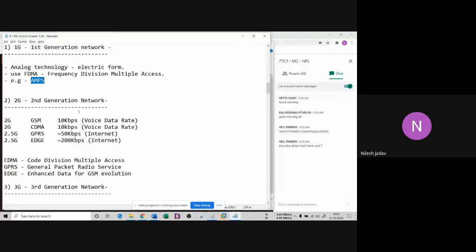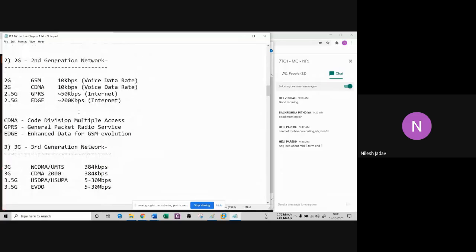After that, so much rigorous research comes up, and then we move on to the second generation network. I do not know if you have used a second generation network or not. I was in seventh standard, so around 2005 or 2006, at that time the second generation came up in a very fluent manner.